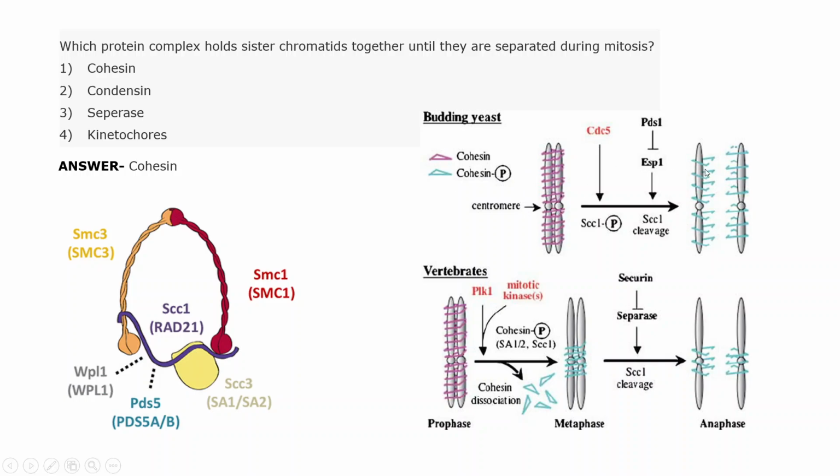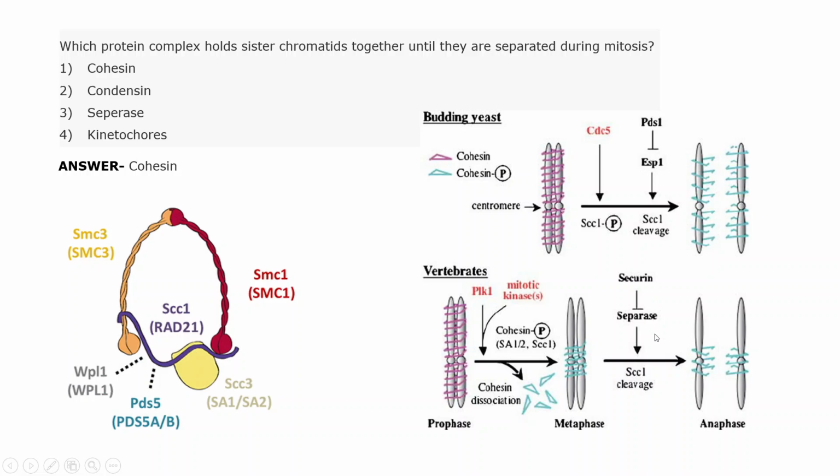When the cohesin gets phosphorylated, it becomes loose, and separase, which is activated by the anaphase promoting complex upon release from securin, cleaves out the phosphorylated, loose cohesin, so that the chromatids get separated. That promotes the conversion from the metaphase stage to the anaphase stage.